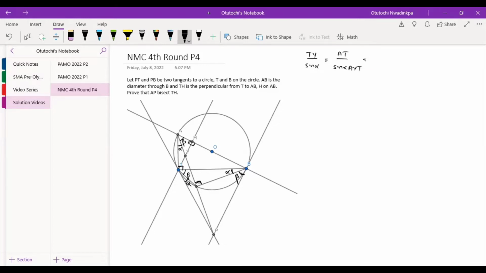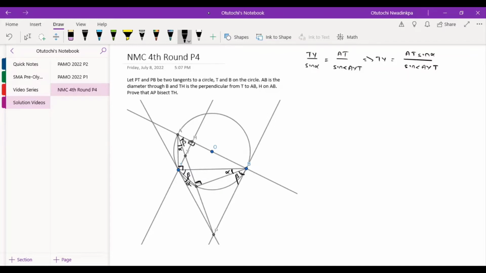Right, so this implies that TY is equal to AT sine alpha over sine angle AYT. Now we have succeeded in representing TY in trig form.